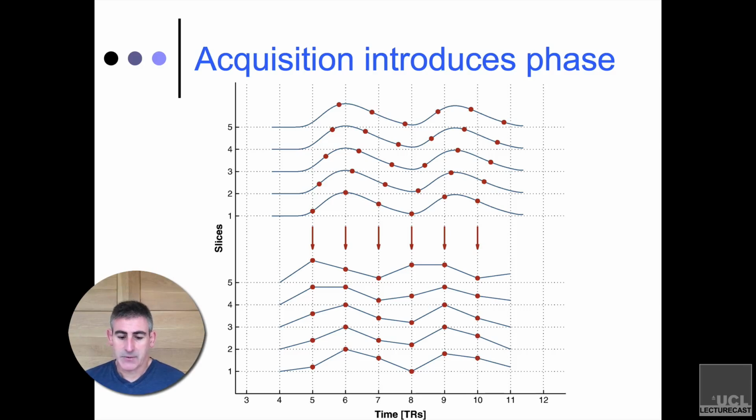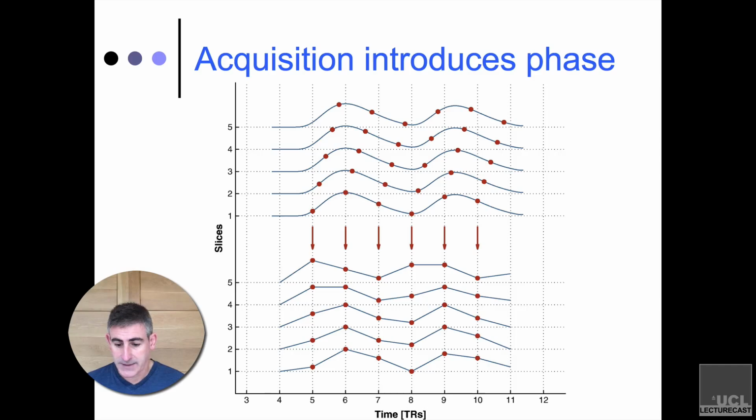So this is an example, right? Here we have slices, only labeled 1 to 5. And what's happening is at the 5th TR, you can see that a hemodynamic response, a bold increase, has initiated in all 5 slices, right?